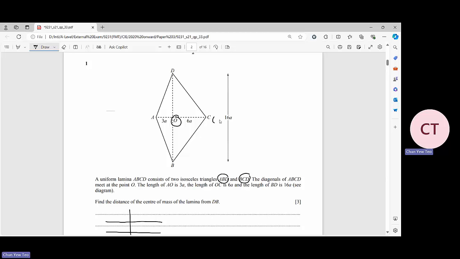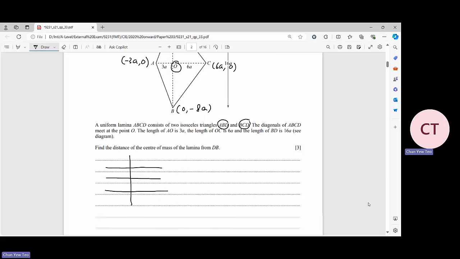Then this coordinate will be (6a, 0). This coordinate will be (0, 8a). This coordinate will be (0, -8a). And this coordinate will be (-3a, 0).